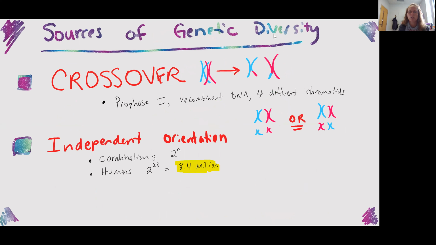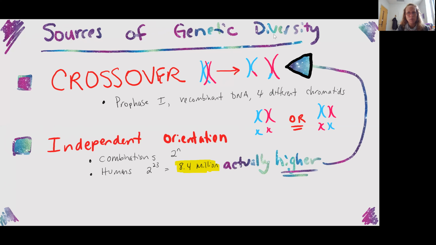Independent orientation, again, is adding to our genetic diversity because in humans, we have 8.4 million combinations of how our chromosomes can end up in the gametes. And then it's even more diverse than that because of the crossover event.